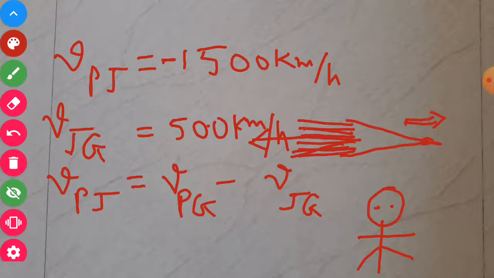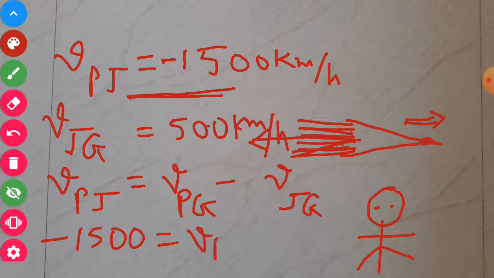Now it is very easy to calculate. Wherever the velocity of the product with respect to the jet is written, it is minus 1500, and that is equal to the velocity of the product with respect to ground, which is unknown and we want to calculate, minus the velocity of the jet with respect to ground, which is given as 500.